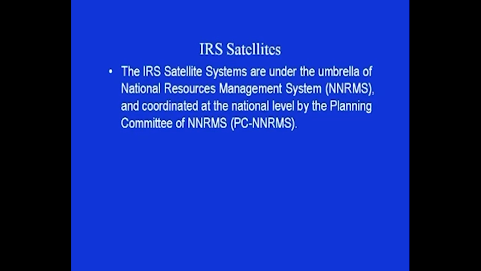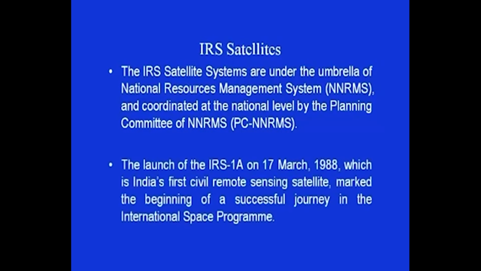The launch of the first, IRS-1A, took place on 17th March 1988, which is India's first civil remote sensing satellite, marking the beginning of a successful journey in the international space program.